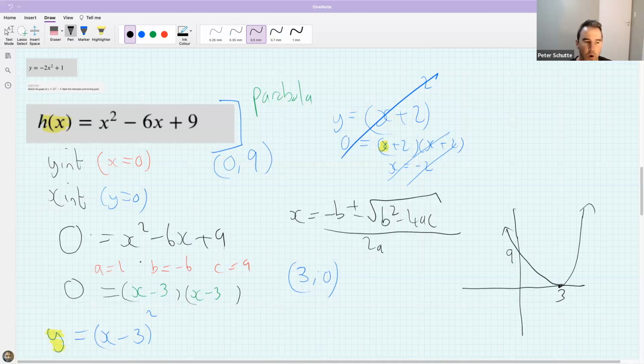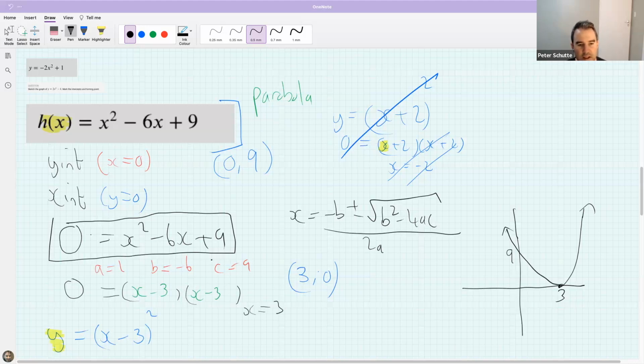So what we did, for those who are feeling confused, is we said 0 equals this thing. And if you use the formula, you would get the answer that x equals 3, because delta would be 0. If you factorized it, you get that this is x minus 3, which means that the x-intercept has to be x is 3.